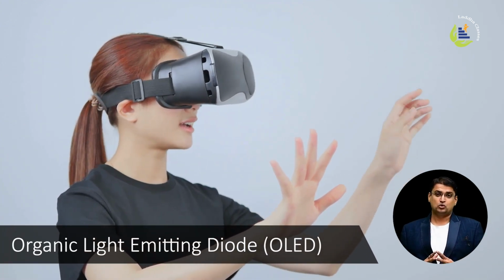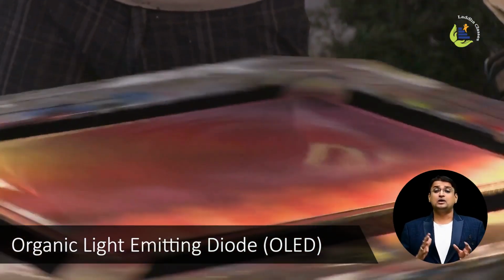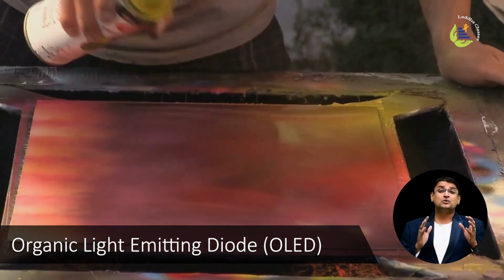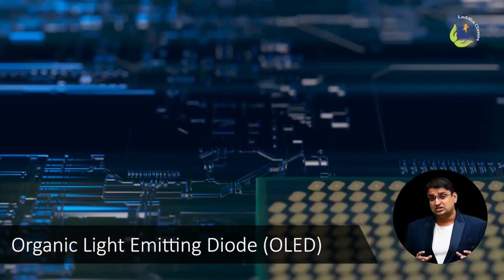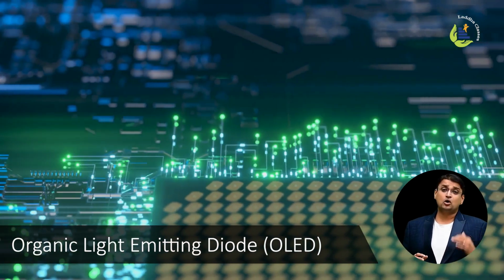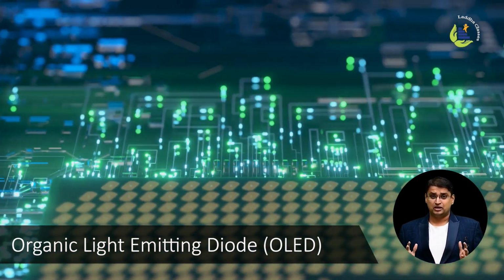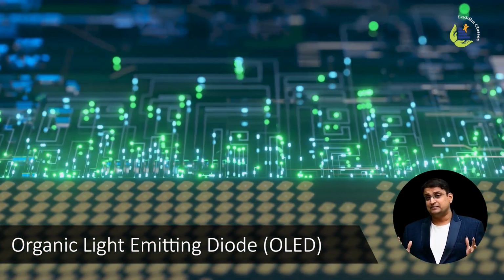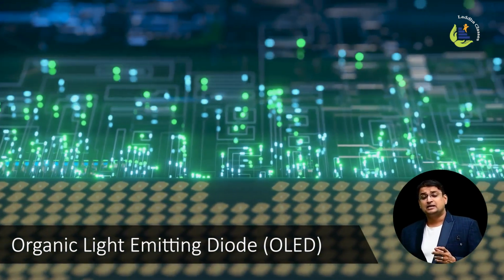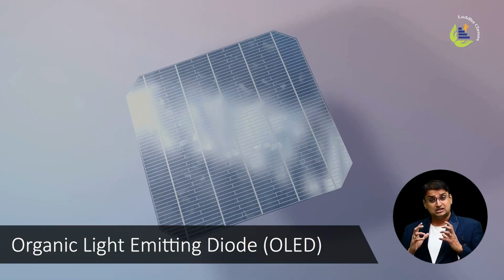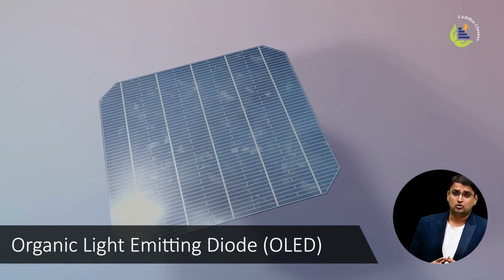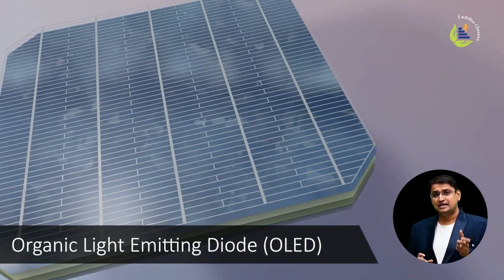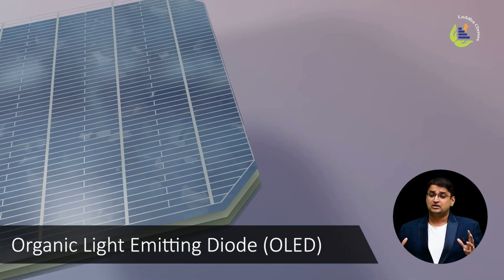OLED stands for Organic Light Emitting Diode. It's a display technology that uses organic compounds to create light when an electric current is applied. OLED displays are made up of several layers, including a layer of organic material that emits light when electricity passes through it.